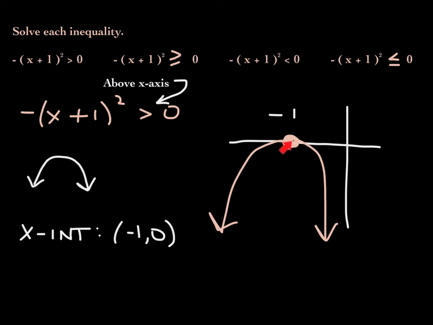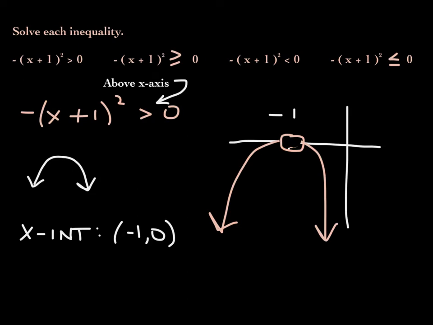This x-intercept, you cannot include it because this inequality is strict. What some of you probably want to do is make that x-intercept an open circle. If that's how you learned with open circles and closed circles, then that's probably what you want to do. Because this is a strict inequality, you're not allowed to include this point.